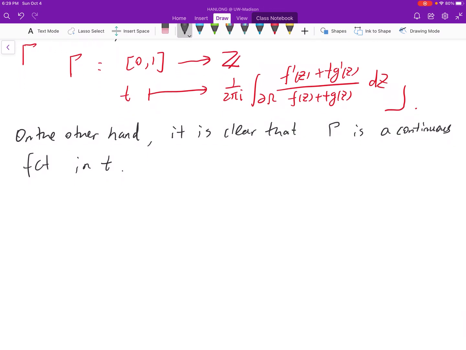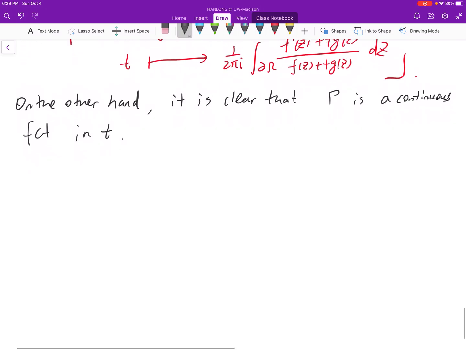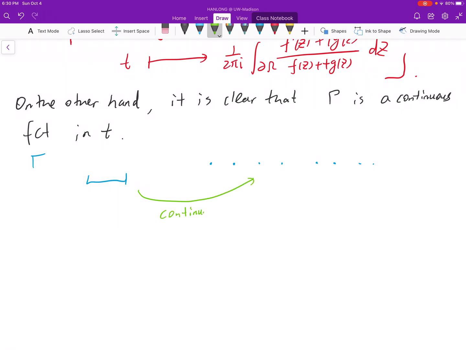Then combine these two, what does that tell you? Look at this. Suppose you have an interval and you map it continuously to a bunch of discrete points. Continuous map. By the property from Math 521, a continuous map sends a connected set to a connected set.